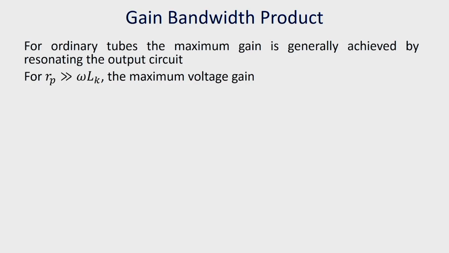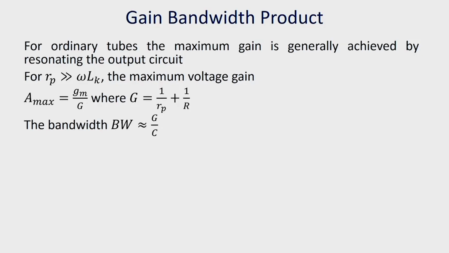For Rp very large compared to omega Lk, the maximum voltage gain Mx, which is V output by Vg, becomes equal to Gm by G, where G is equal to 1 by Rp plus 1 by R. Now, this particular condition occurs at resonance.